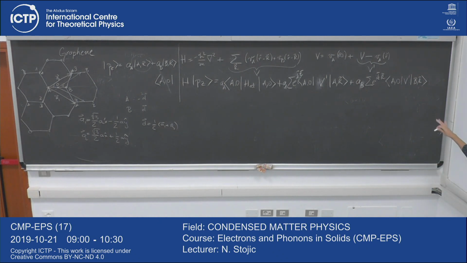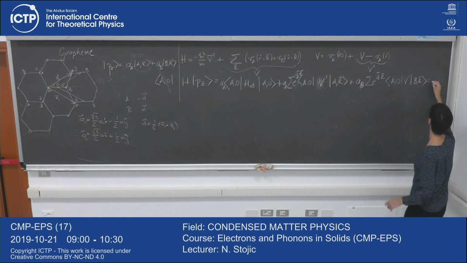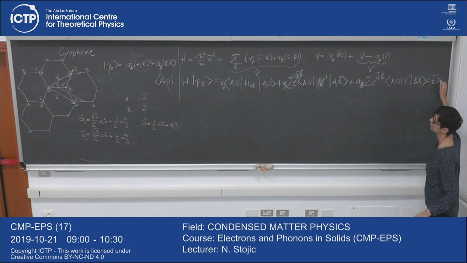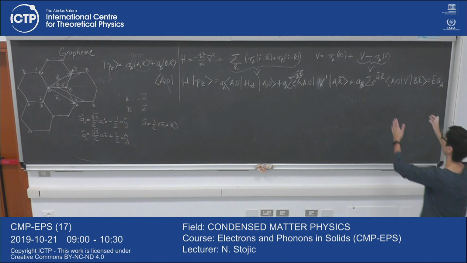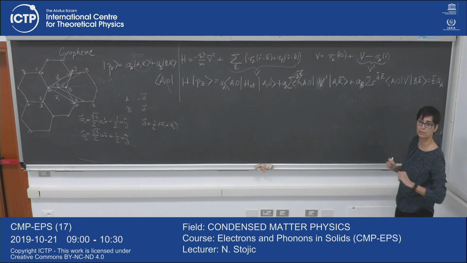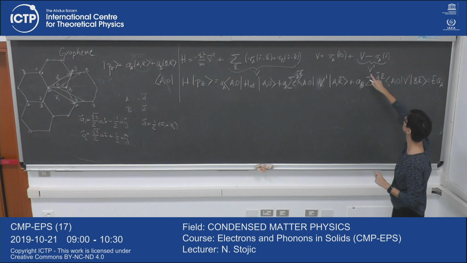This is the whole thing. And this is equal energy times AA. This is the only one which survives, no? The V prime of the VR is the one small VB, right? This is the hopping, with the potential small VB.